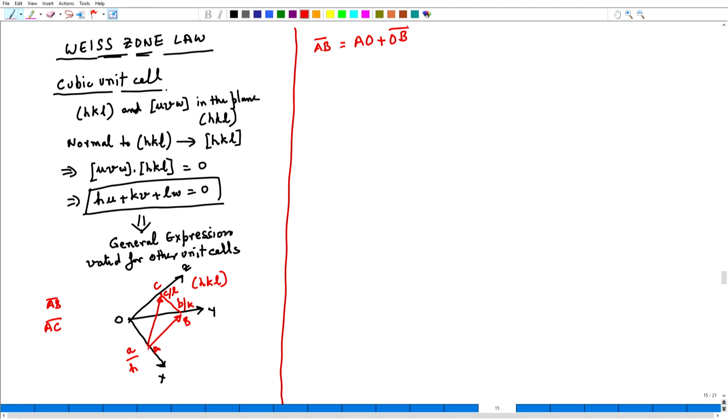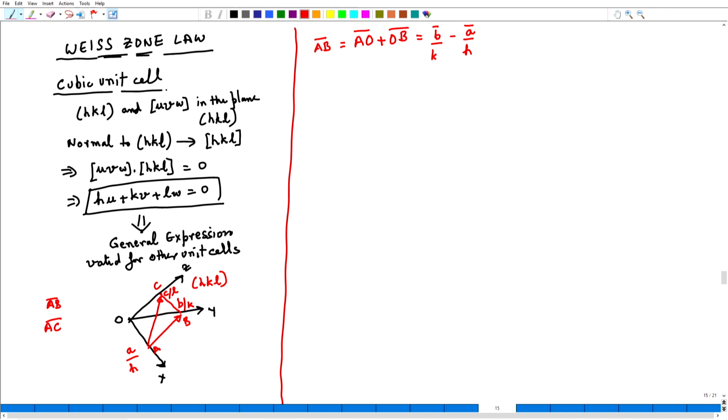So, you start from point A, go to the origin through the vector AO, and then travel along the vector OB. So, I go A to O, O to B, and I reach the point where this vector AB joins. And as you can see in the previous lectures, it is straightforward to write this vector in terms of the A and B vectors of the unit cell. So, this would be B by K minus A by H.